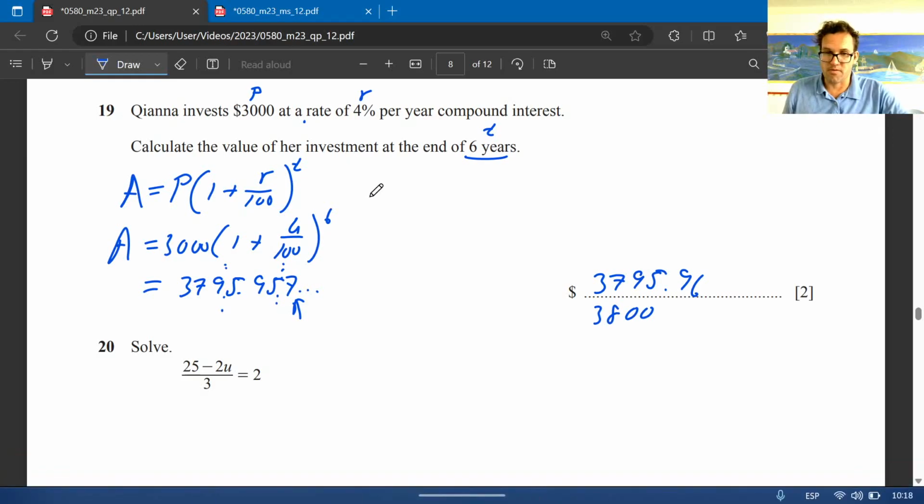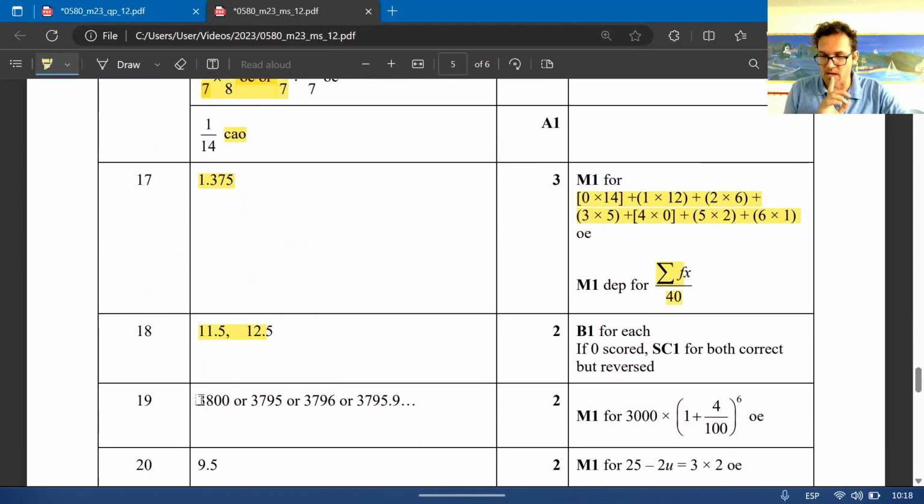That would be 3 significant figures, because after 79 comes 80, even though it looks like 2 significant figures. The mark scheme says rounded to 3 significant figures, which looks like 2 but is 3. They accept all the answers. They're all happy with it.